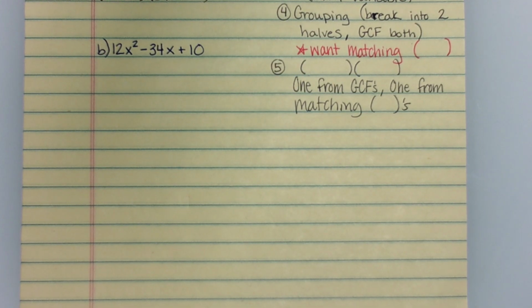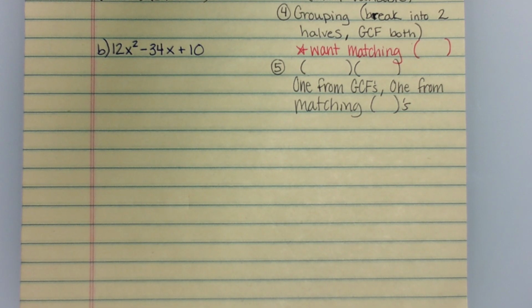12x squared minus 34x plus 10. How should I always start factoring? You multiply the 12 and 10.